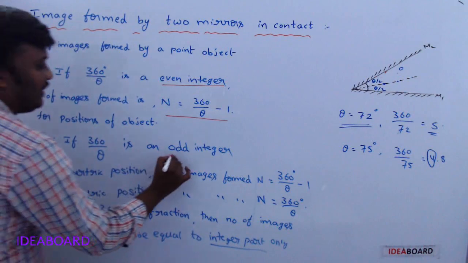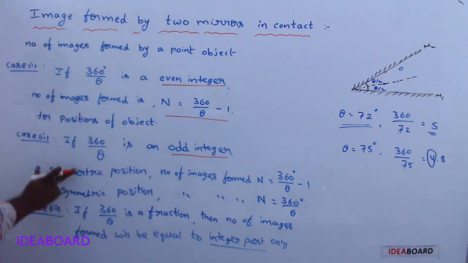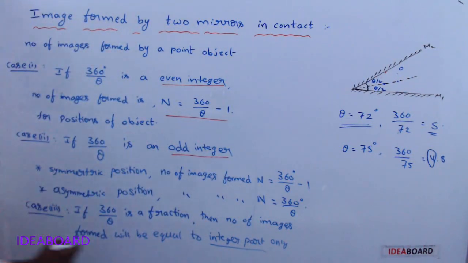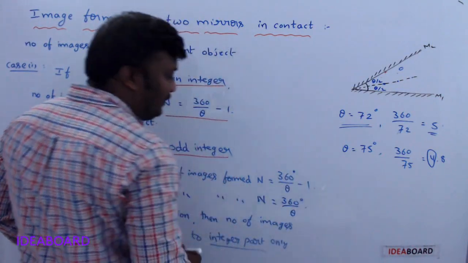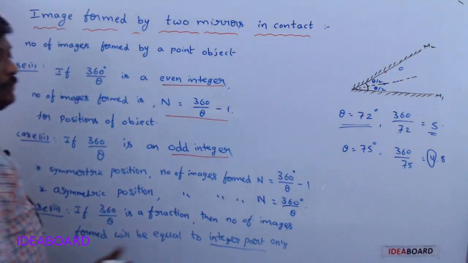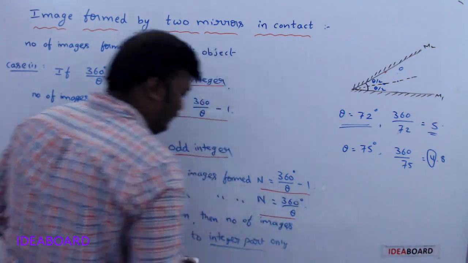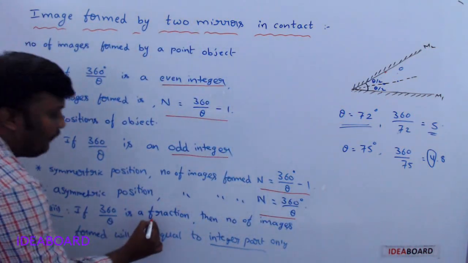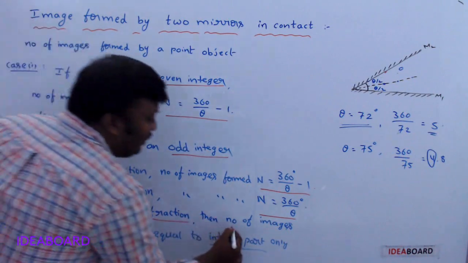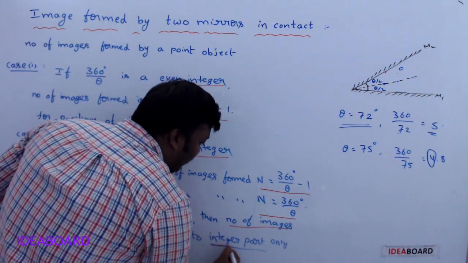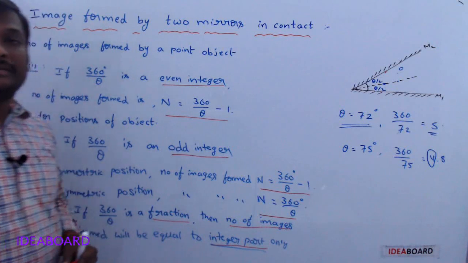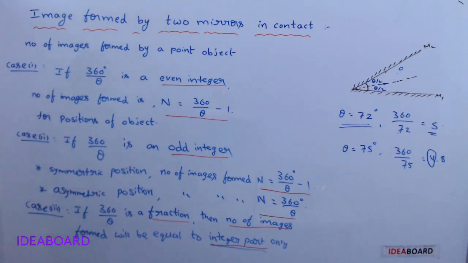If it is an odd integer, there are two cases: for symmetrical position, 360 by theta minus 1, and for asymmetrical position, 360 by theta only. If the number is a fraction, that is important, the number of images formed is only the integer part. Note it down.